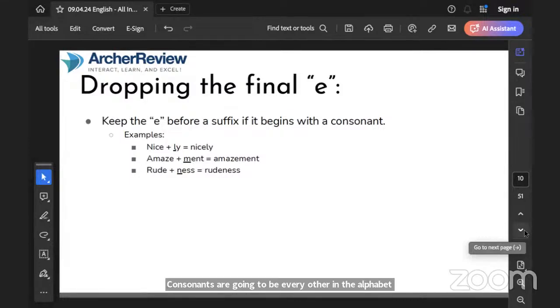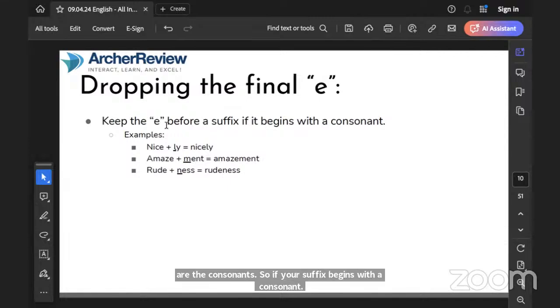So take the vowels out, and that's what's left are the consonants. So if your suffix begins with a consonant, then you can keep the E because you do not have two vowels back to back.